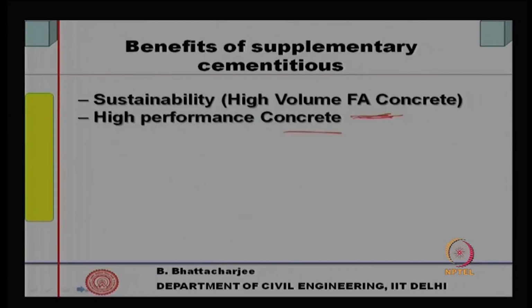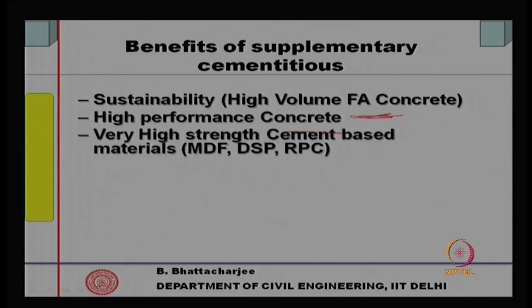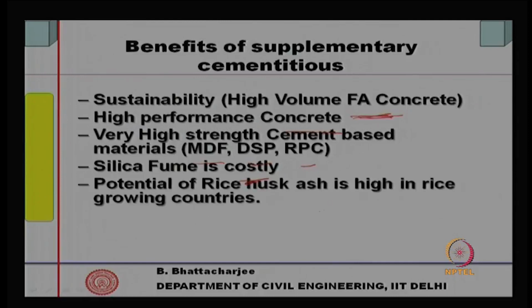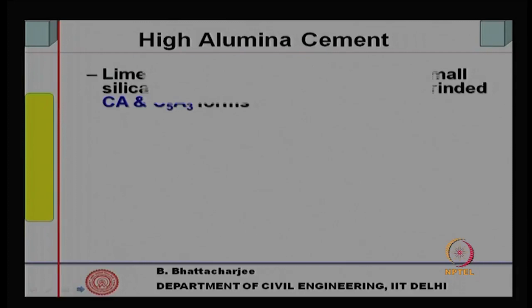In high performance concrete, silica fume is generally used, in high strength concrete, in fact very high strength concrete. MDF, DSP and RPC use silica fume, but it is very costly in the Indian scenario, 7 to 8 times that of cement. The potential of rice husk ash is yet to be really verified and it is getting popular in this country.